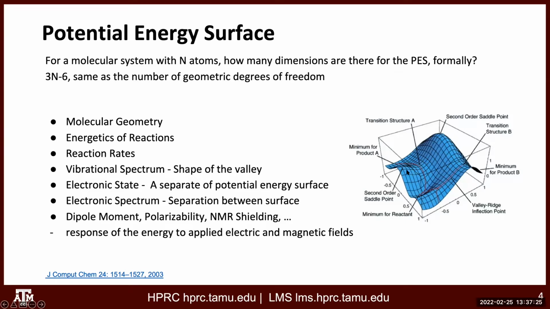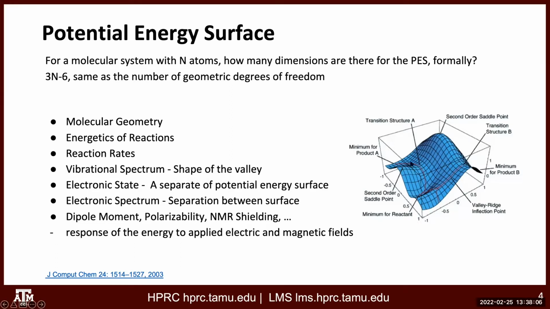It's the highest point along the reaction path, and it would be the lowest point along any other dimension, and that's what we call a transition state. You would also see mountain peaks in a 3D potential energy surface, and those are second order saddle points.